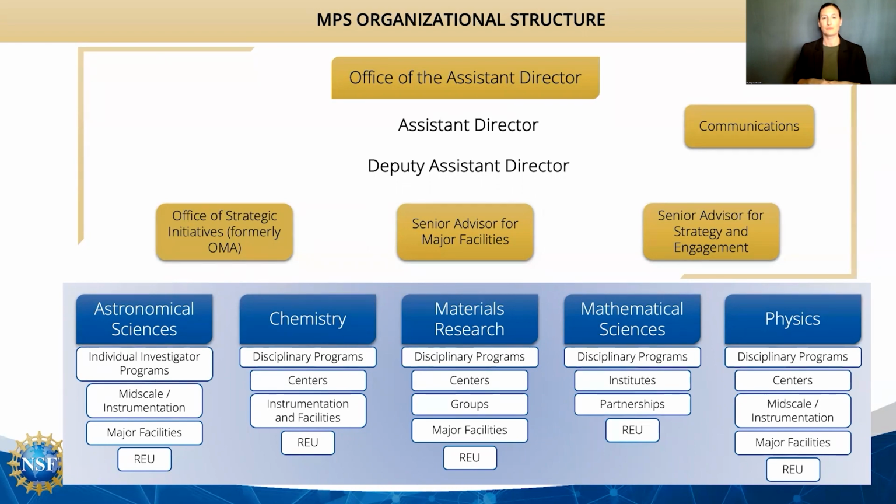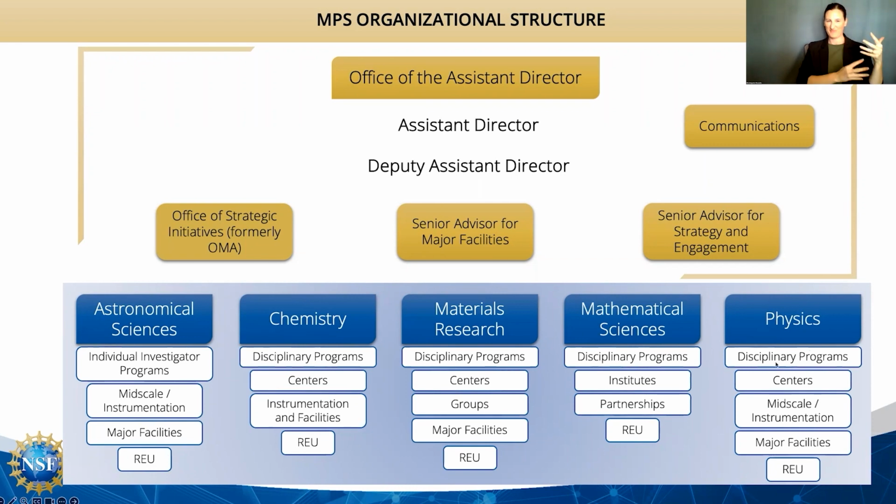Now in each of these little bubbles for the divisions, you can see the different sorts of opportunities each division offers. So for example, Astronomical Sciences has individual investigator programs, mid-scale instrumentation, so that's telescopes, and major facilities, that's bigger telescopes, I assume. And then they have REUs.